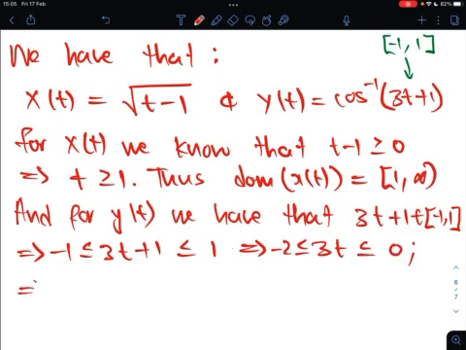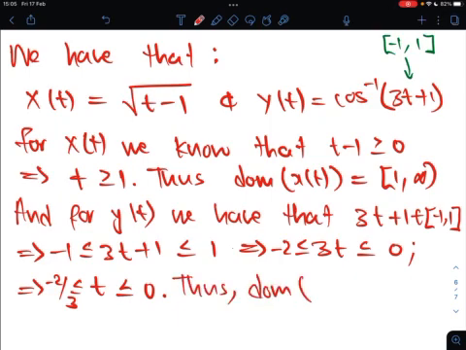This implies again that t must be greater than or equal to negative 2/3, but less than or equal to 0. So we can deduce that the domain of y of t is all numbers starting from negative 2/3 going all the way to 0.